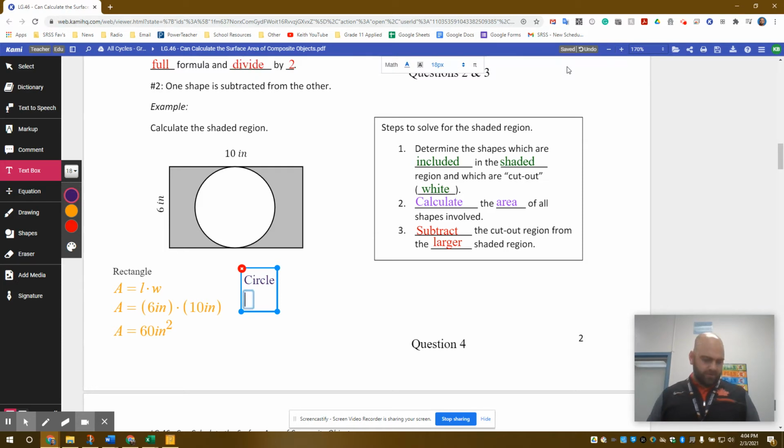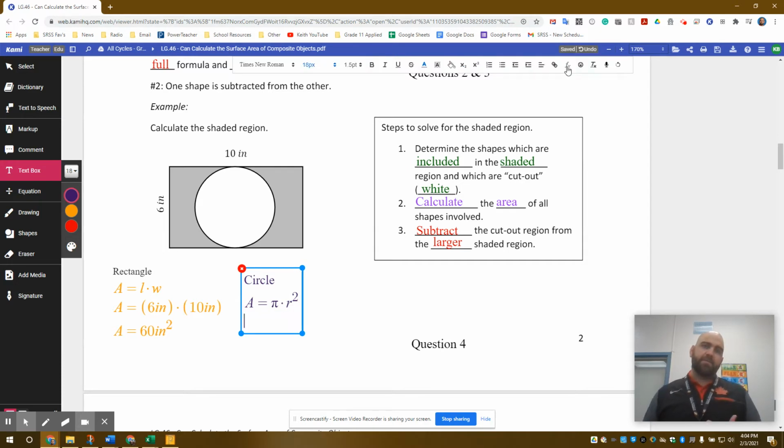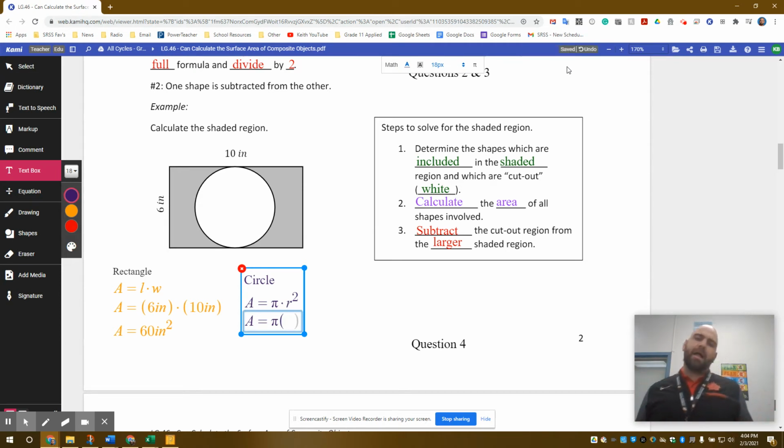And the area of our circle is pi times r squared. Now in the previous example, we divided by 2, but that was because we had half a circle. Here we have our full circle. So area is equal to pi times our radius squared. Well, what is the radius? There are no values given in our circle.